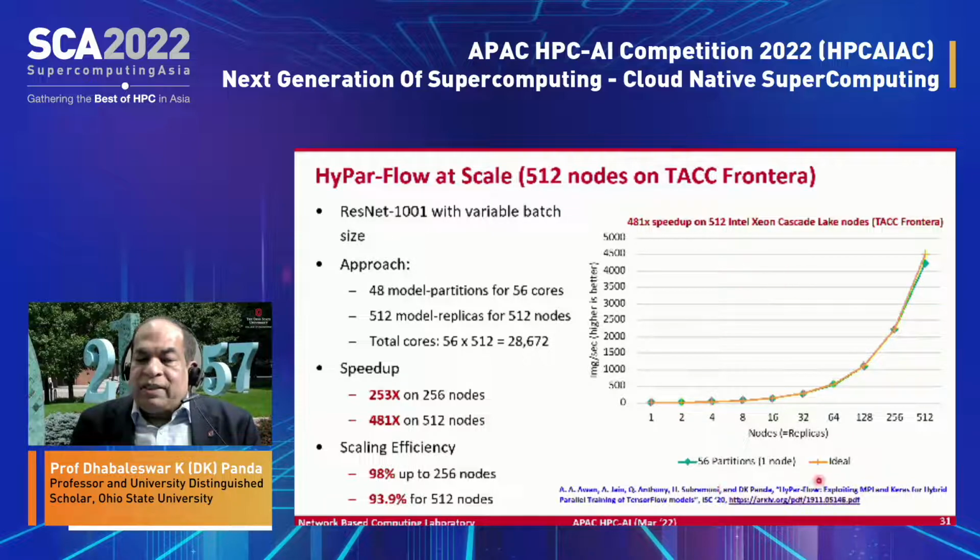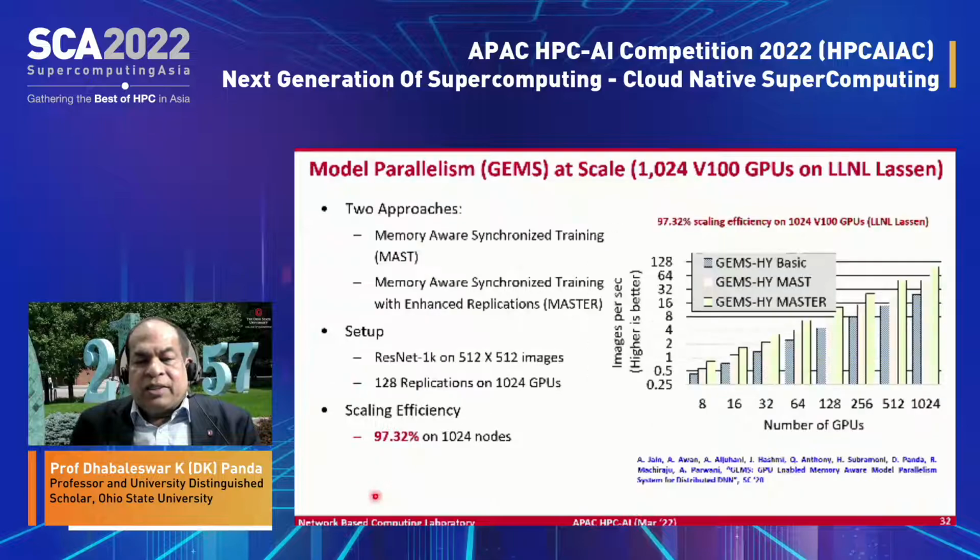We presented this at IPDPS 2020, and this is a CPU-based system on Frontera. This is ResNet-1001, and as you can see, on 512 nodes, we are able to get almost a speedup of 481x. We are using model parallelism and getting very good scaling efficiency for these.